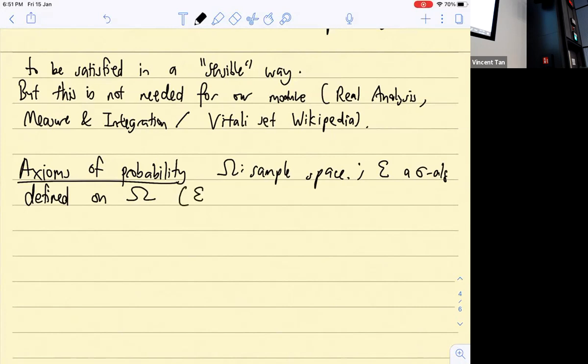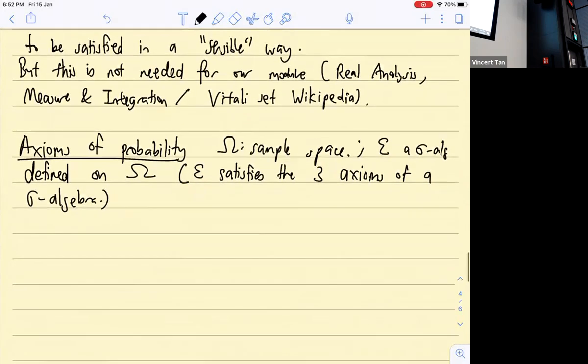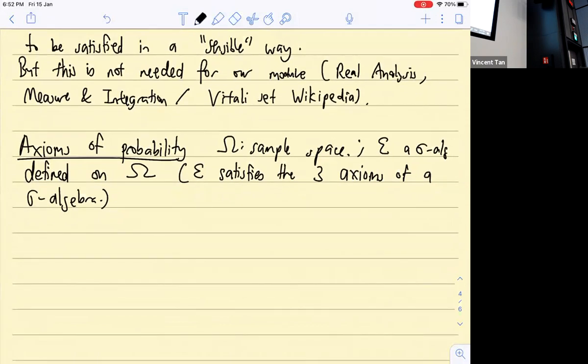That means E satisfies the three axioms of sigma algebra. The three axioms include: omega is in the sigma algebra, closed under countably infinite union, closed under complementation. These are the three rules of sigma algebra. Omega and E are now defined.